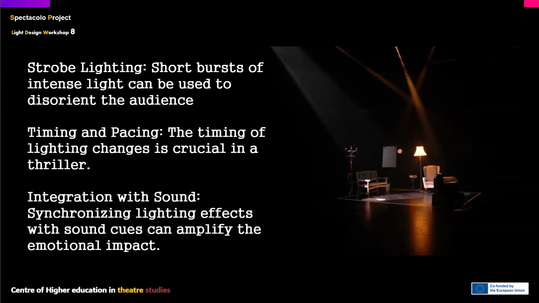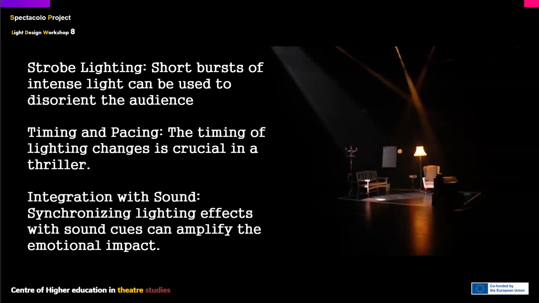So if we have thunder outside the window in the stage design, we can play with the blackout button on our console in order to affect the lights on the stage floor or the whole stage.